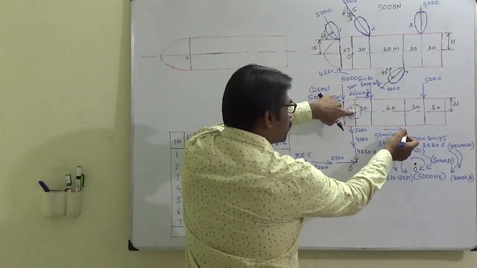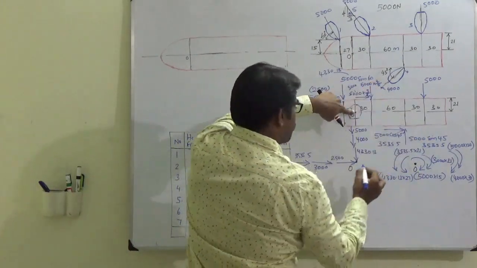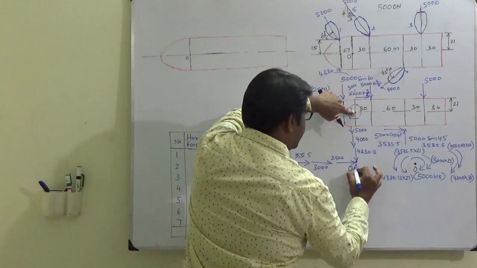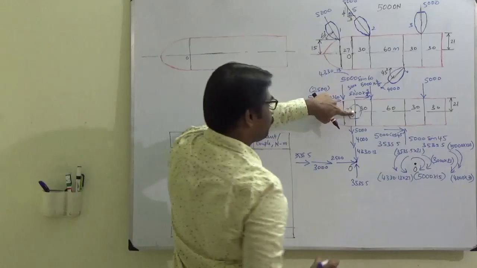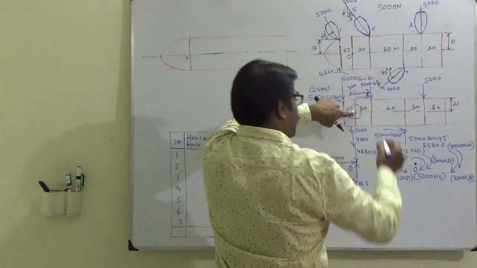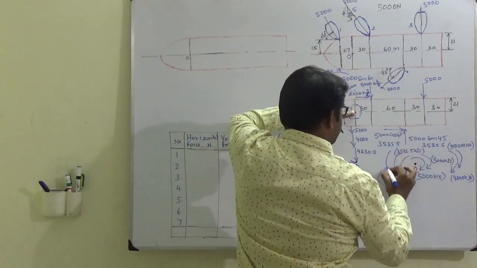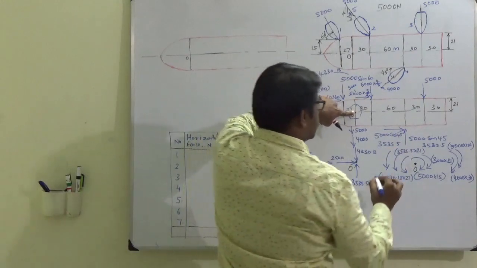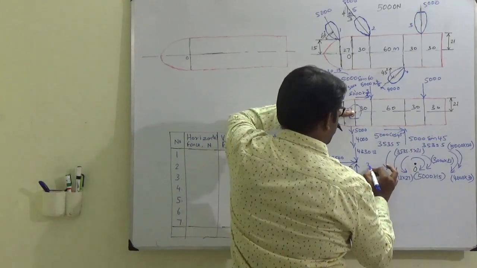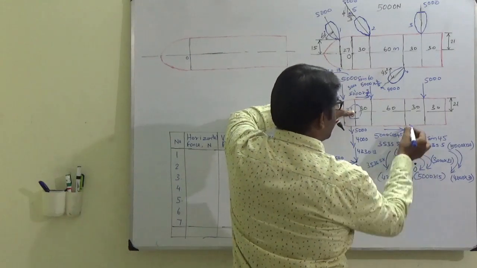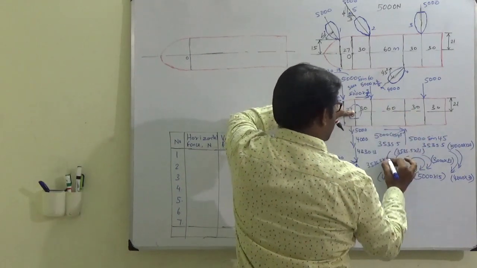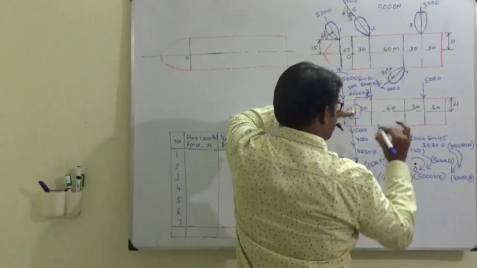The vertical force will also produce an anti-clockwise moment, but the force is upward. So that is 3535.5, and it is producing an anti-clockwise moment. Okay, so the value is 3535.5 into the perpendicular distance, which is 90.